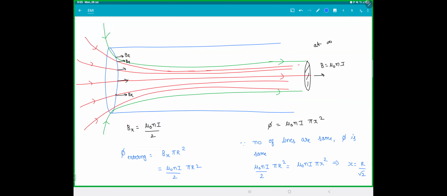Clear with this? Once you know what to do, how long does it take? Less than 30 seconds. The headache is figuring out that Bx will be the same. So definitely refer to this, page 169.